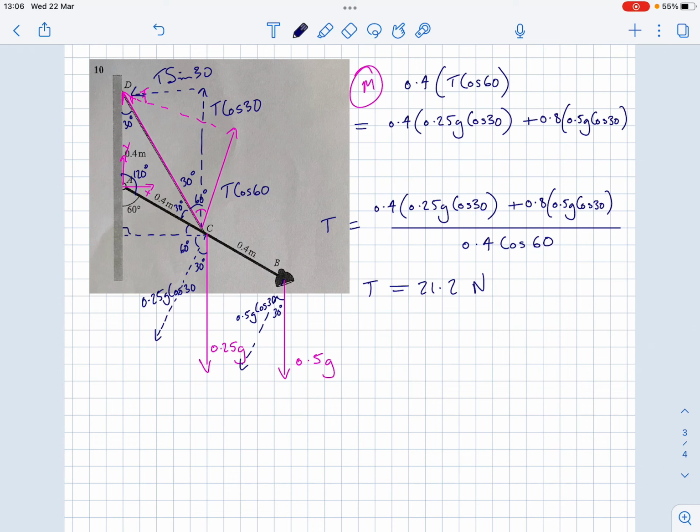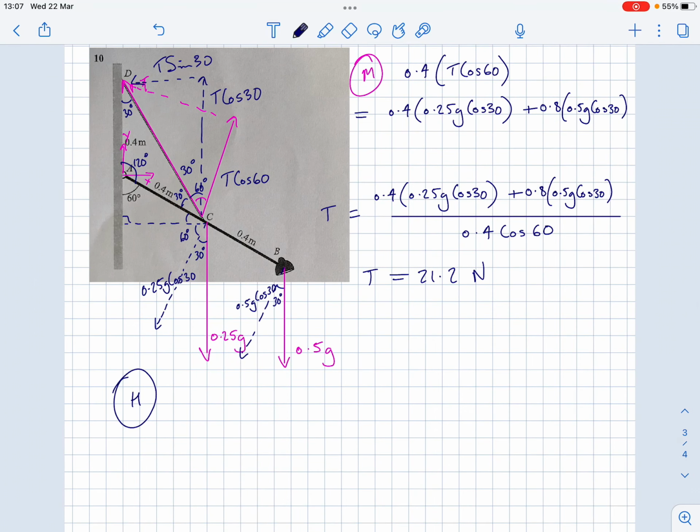They're the only two that I need to do differently, because the weight is acting perfectly vertically down, and then I've drawn in my x and y horizontally and vertically. So let's do the horizontal equation. X has got to be balanced with T sine 30. That's going to be really nice, because we've actually just found that, so we can just halve it.